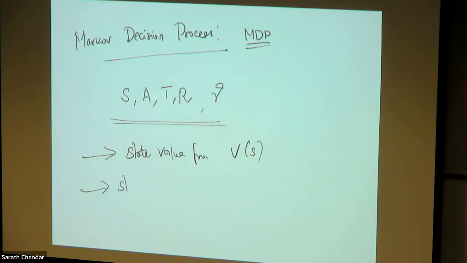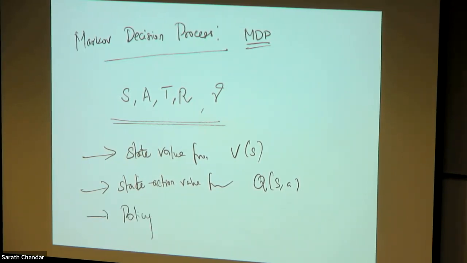That is the state action value function, given by the Q function, let's say Q of S comma A. Okay, we can also talk about policy, pi, which takes a state and gives us an action to take from the state.